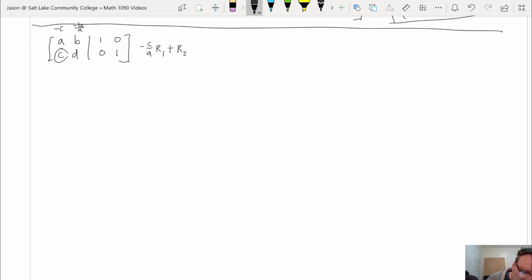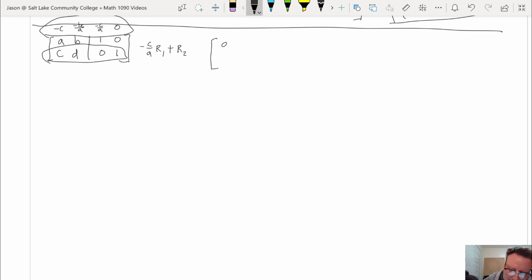And this 1 will become negative c over a. 0 will stay 0. So I'm going to take that and add it to that row. Okay, and what do I get?